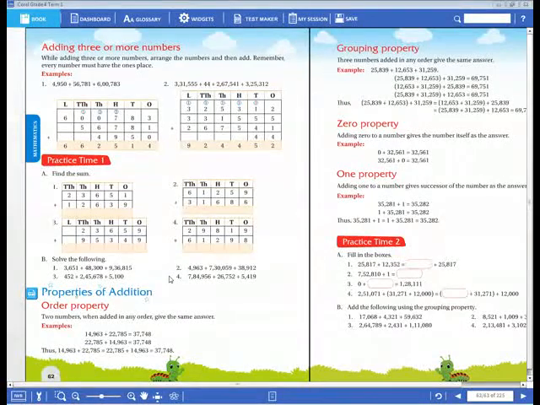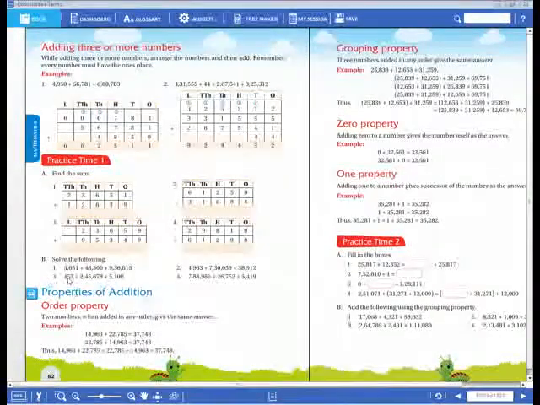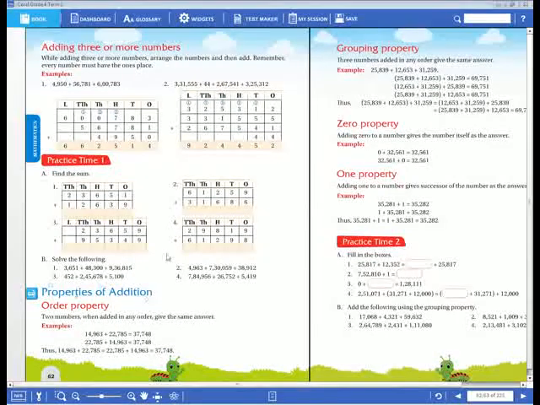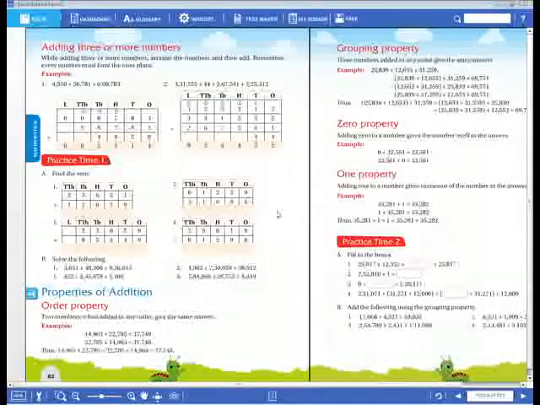Okay. Now in this practice time 1, the remaining third and fourth and this B Roman you have to complete. You have to take it as homework, dear children. You should complete it.